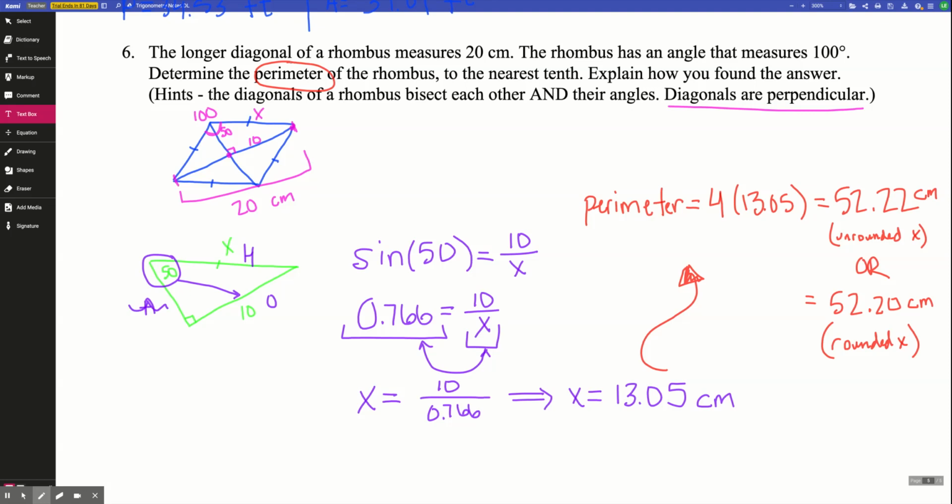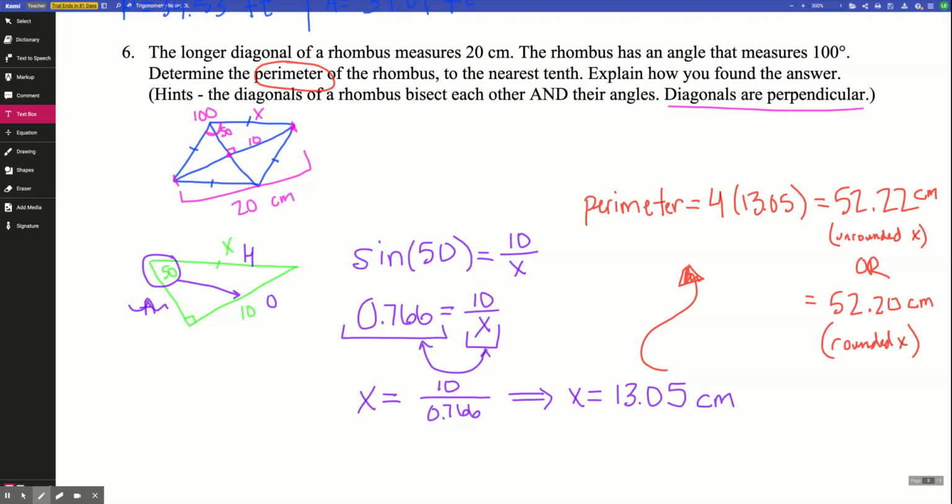So 4 times 13.05. You may have gotten one of these two answers here, depending on when you rounded in the problem. Okay, so if you rounded your x value and did 4 times the exact number 13.05, your answer would be 52.20 centimeters.